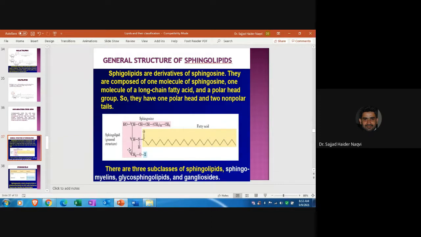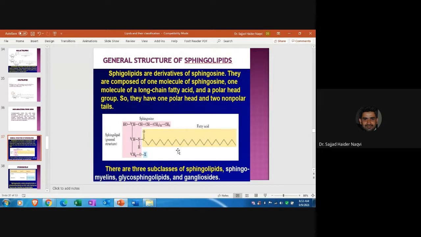This purple molecule is the molecule of sphingosine, and you have one fatty acid substituted here, and this X represents any other moiety, which could be anything else. But this is the basic structure of sphingolipid, where you have the molecule of sphingosine, and we have fatty acids substituted here. So sphingolipids are the derivatives of sphingosine.